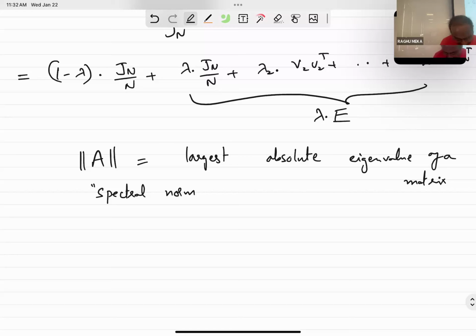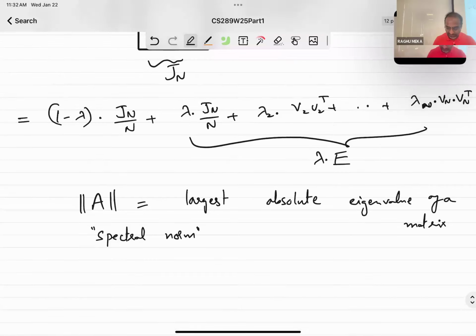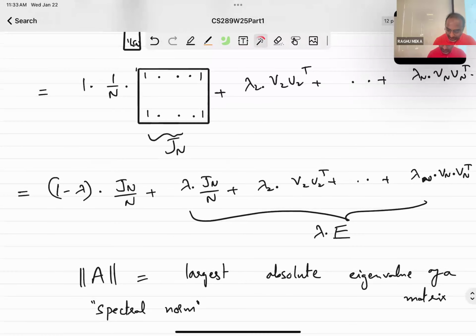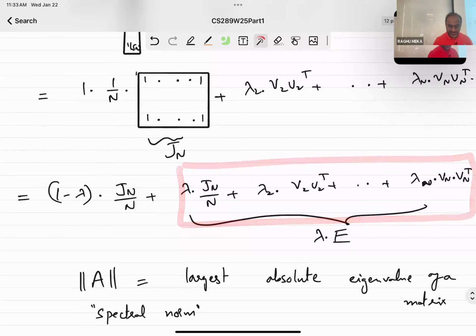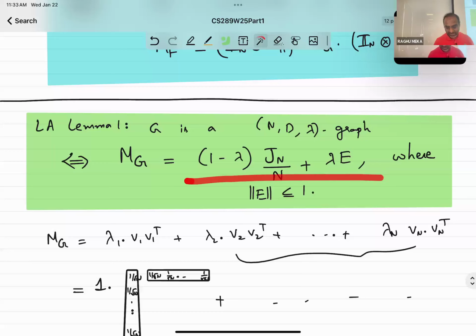If it's not symmetric, you have to look at singular values, but that's okay. So for a symmetric matrix, the spectral norm is the largest absolute eigenvalue of the matrix. If I define it this way, when I put these things together, the largest eigenvalue is at most lambda. So I can write it. This statement makes sense.